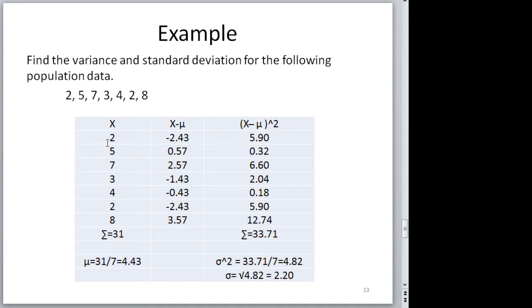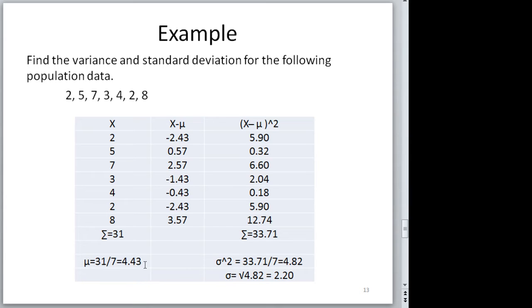These X values right here, 2, 5, 7, 3, 4, 2, 8, these are the X values. I add them up, which is 31, and divide that by 7 because we have 7 data points, and it turns out to be 4.43.